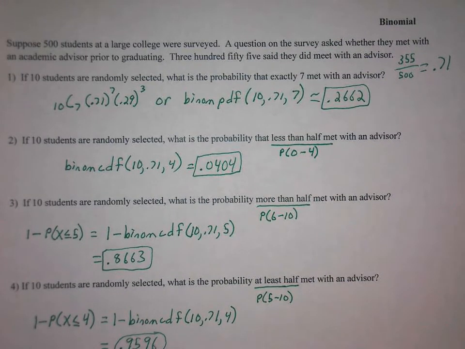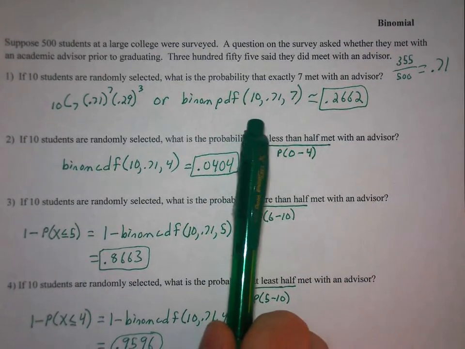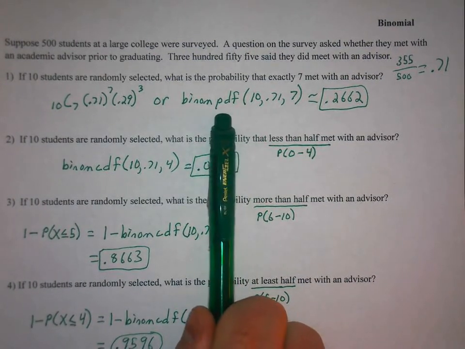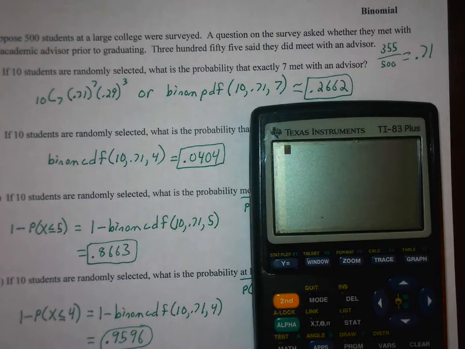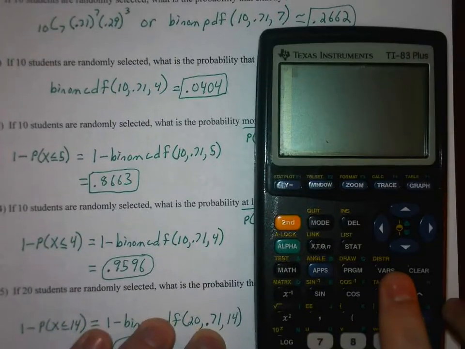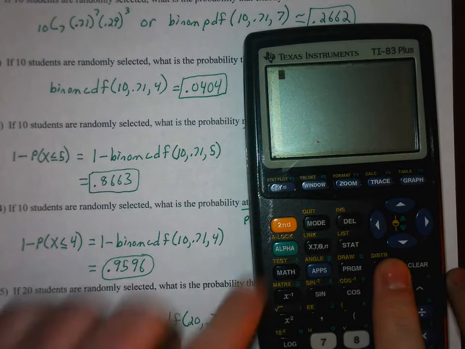10 students are randomly selected. What's the probability that exactly 7 met with an advisor? So you can use the binomial formula, or you can use the calculator function, which is binom PDF. And I'll just show you very quickly. So under the VARS button, it says DISTR for distribution on it.